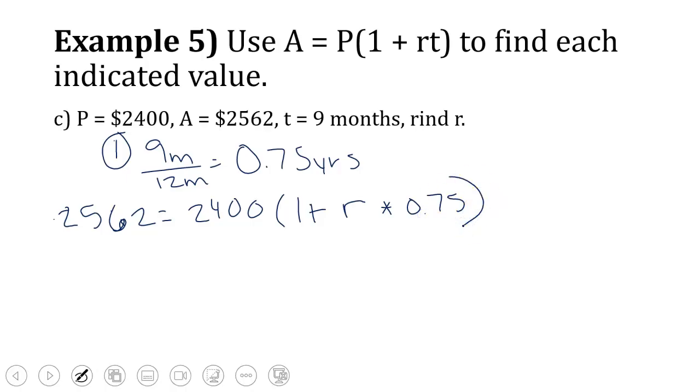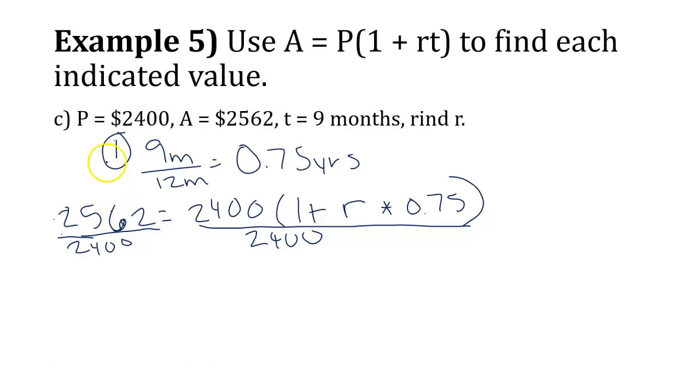All right, so we got to work it out to get R by itself. So now we're going to do a little bit different. So we need to get rid of the 2,400 on both sides first because we can't really touch inside the parentheses until that 2,400 is gone. So they're connected through multiplication. So divide the 2,400 on both sides.